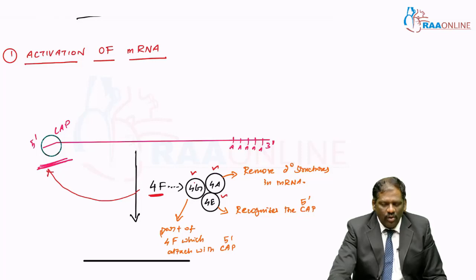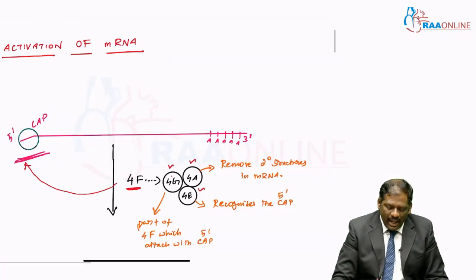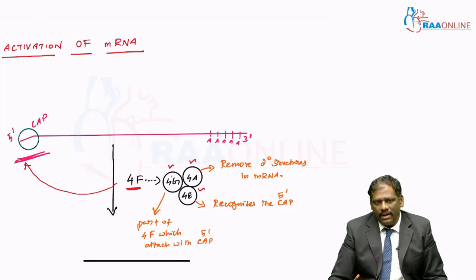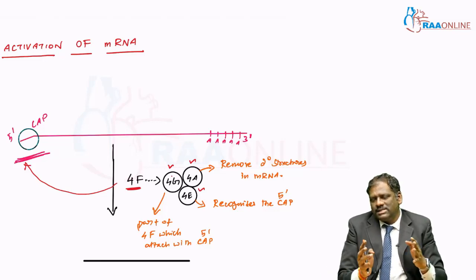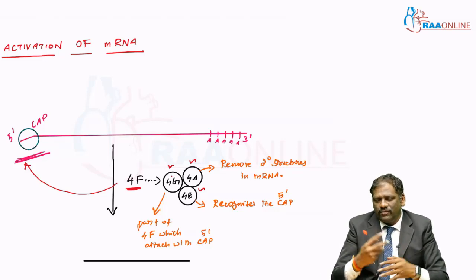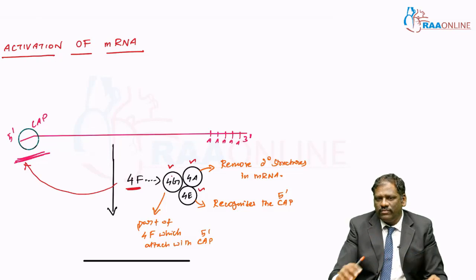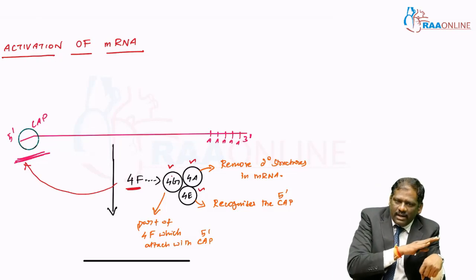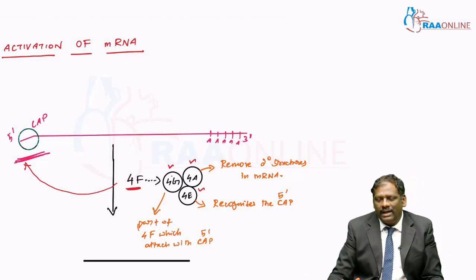Okay. So what is the role of factor 4A? Factor 4A actually removes the secondary structures which have been formed in the mRNA, because it's a very long mRNA, right? It is prone to get twisted into new secondary structures. These secondary structures will be removed and the mRNA will be stretched, ironed.